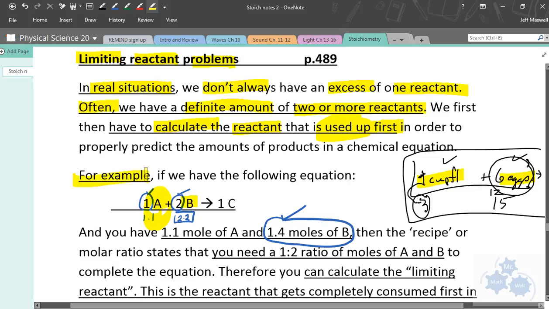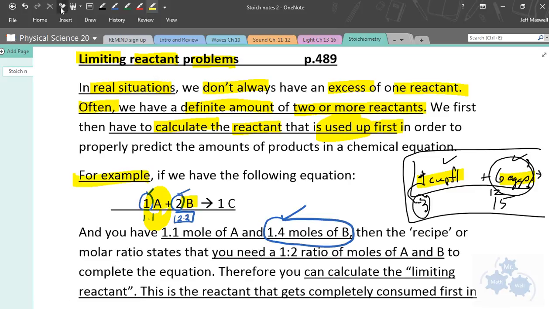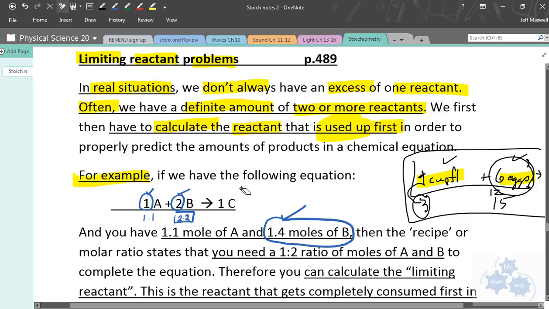So let's take a look at the example. I've got a lot of marking on here, I'll erase some of it. In this example, I've got 1 A, so that is 1 mole of A that has to combine with 2 moles of B to produce 1 mole of C. Now here's the situation.